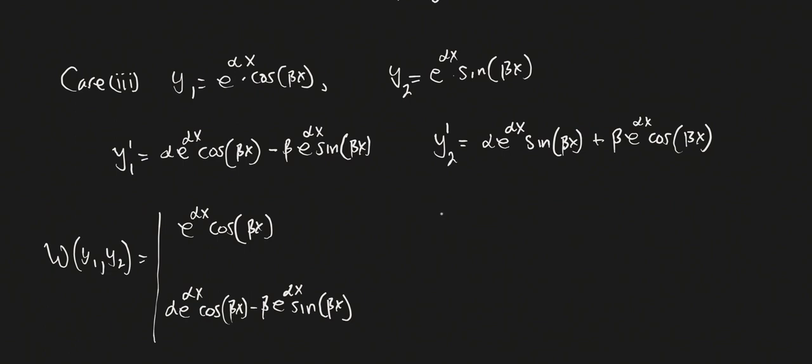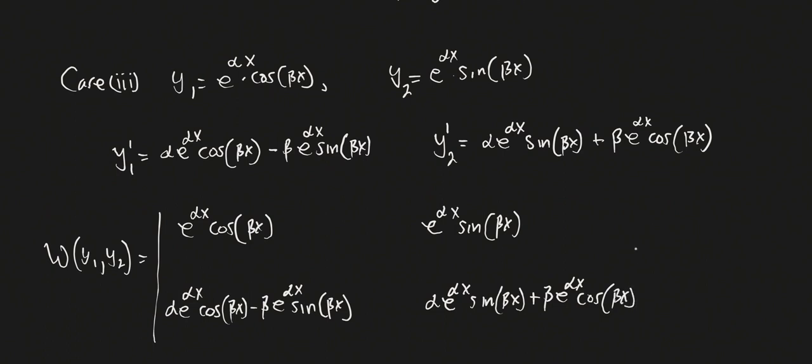And then for my second function, e to the alpha x sine of beta x. And then let's finish our second row, second column, alpha e to the alpha x sine of beta x, and then plus beta e to the alpha x cosine of beta x.